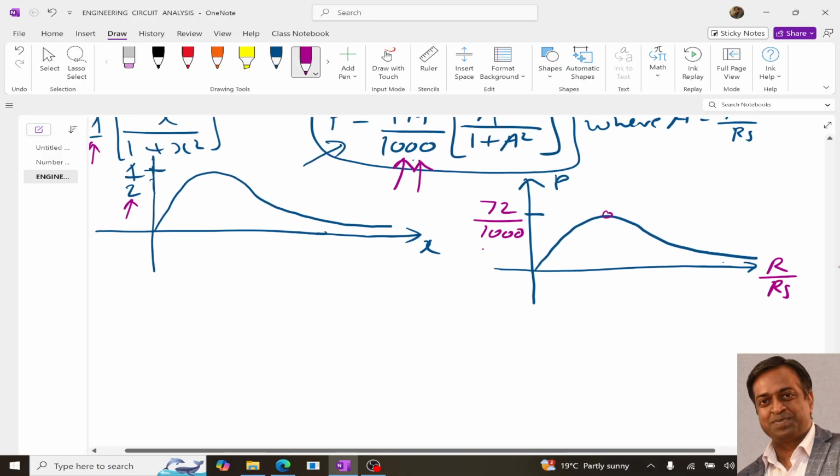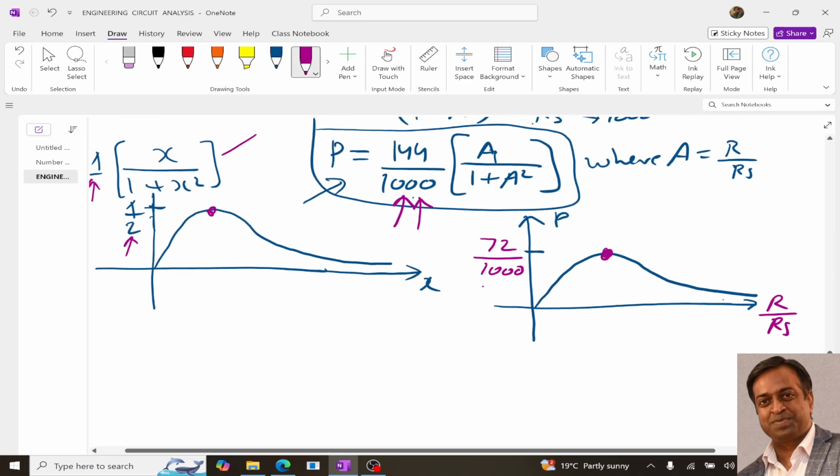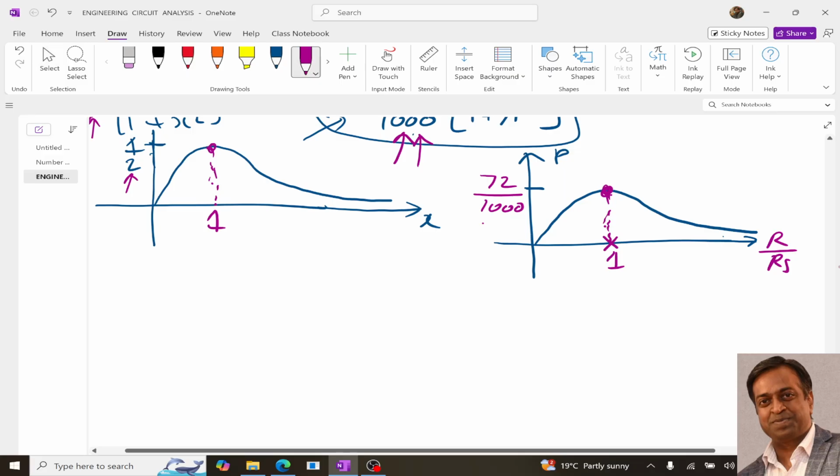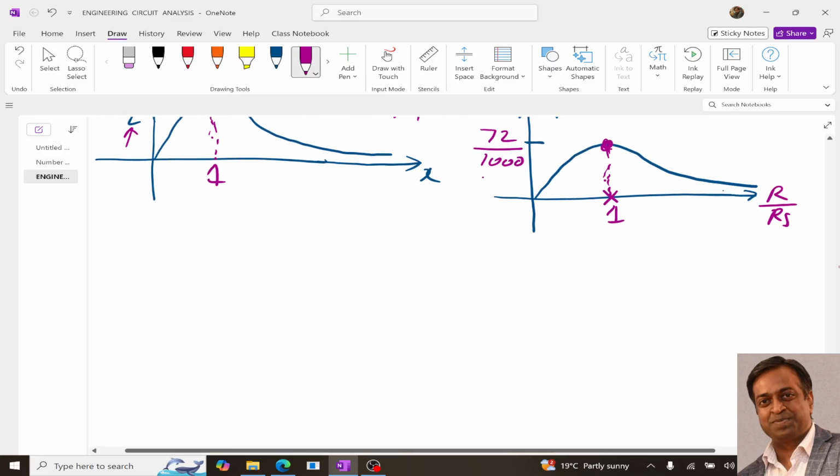Now what is this peak? If we look at the general graph we plotted for x upon 1 plus x square, the peak appears at 1. So over here also it is 1. Because on the x-axis we have R by RS, it means R by RS is equal to 1.